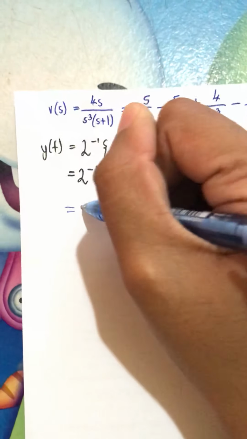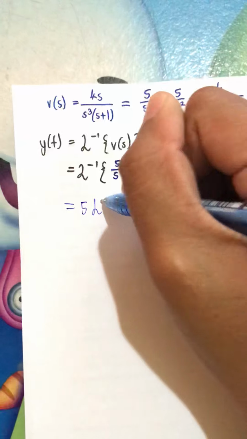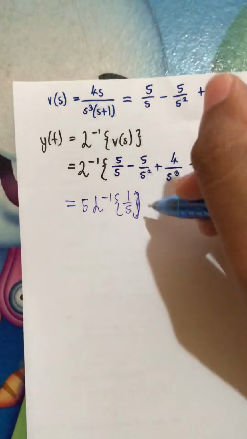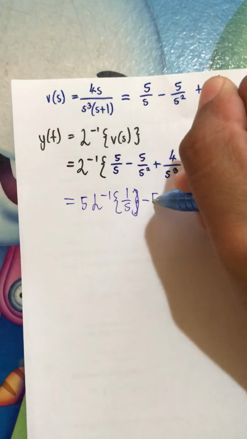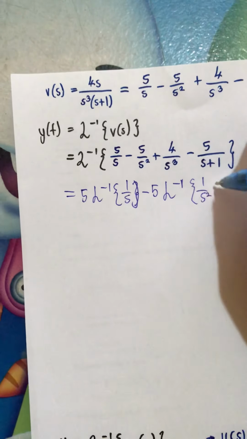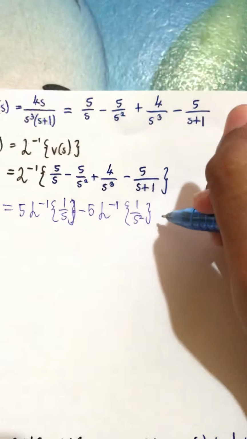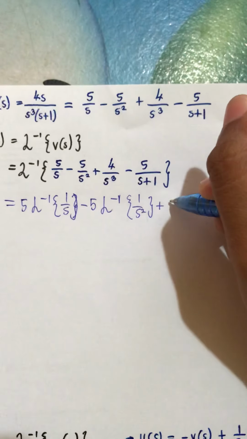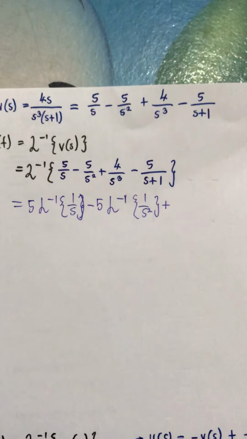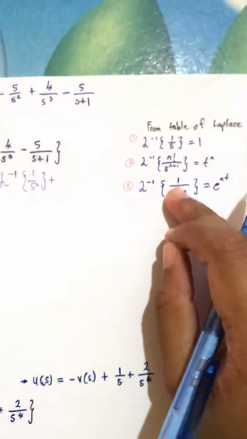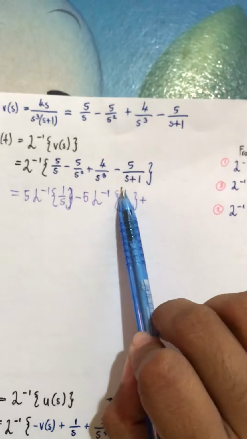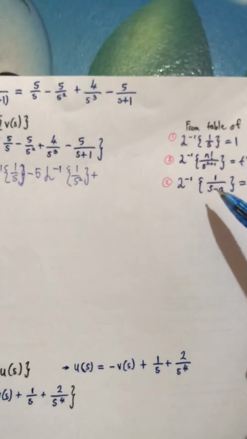So we have 5 times the inverse Laplace transform of 1 over s, minus 5 the inverse Laplace transform of 1 over s squared, then plus 4. Here we have to take a look at the Laplace transform table to find the inverse, and then we try to modify our Vs to get the inverse of Laplace transform.